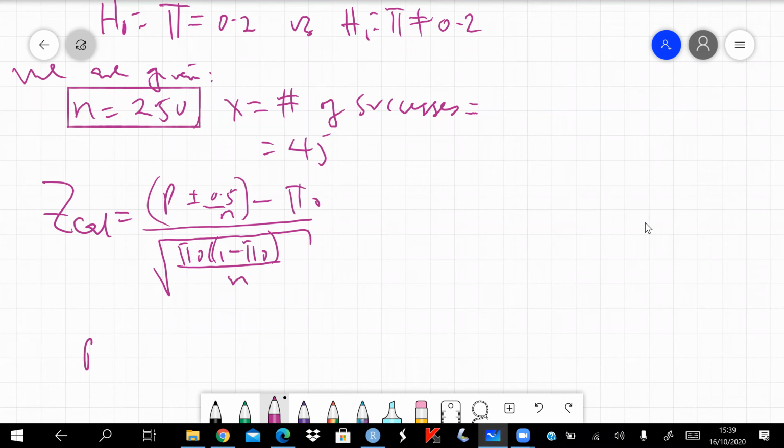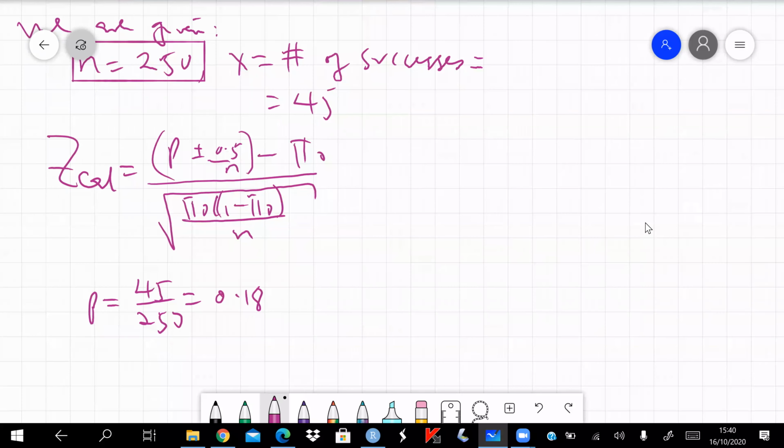So p is the probability of success, which in this case will be 45 divided by 250, which will give us how much? 0.18. Okay, then the other information is given. So we shall have 0.18 plus 0.5 divided by n.